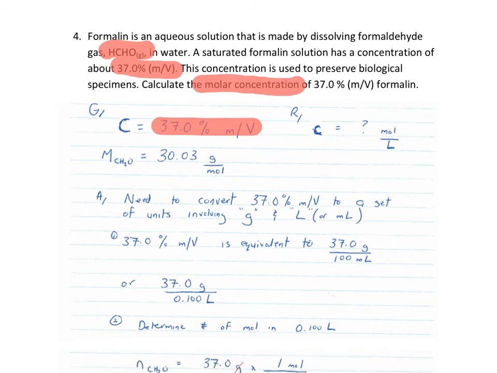And we know that we are being asked to determine the final concentration in moles per liter, which means that I need to somehow incorporate moles and liters into my final answer. So let's see what happens when we unpack this concentration value, take a look at its units, and how we can use those units to help us find the answer.